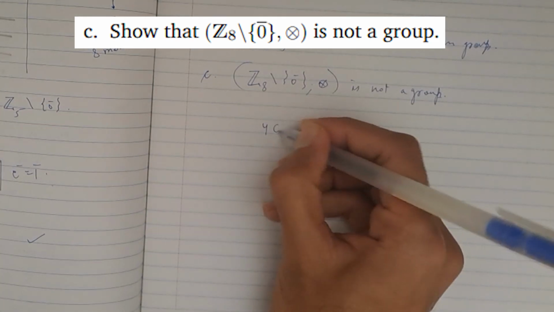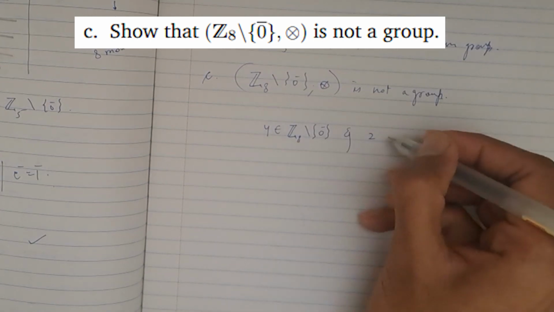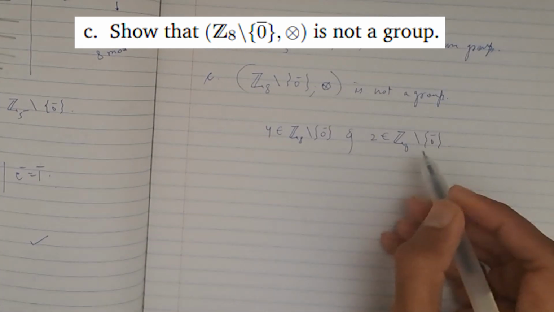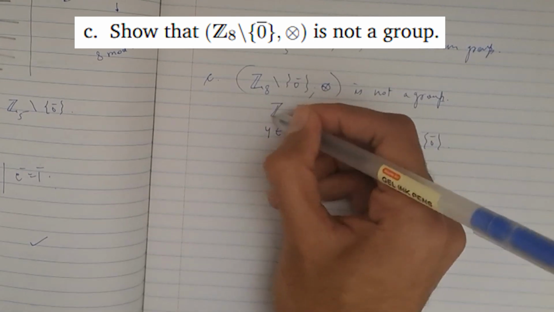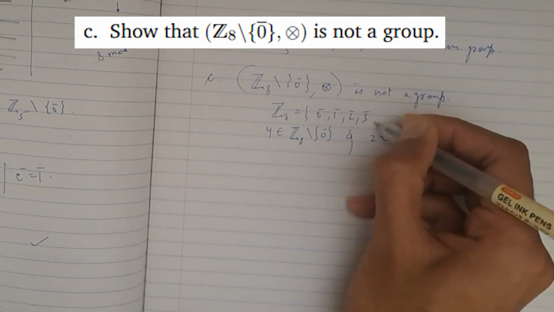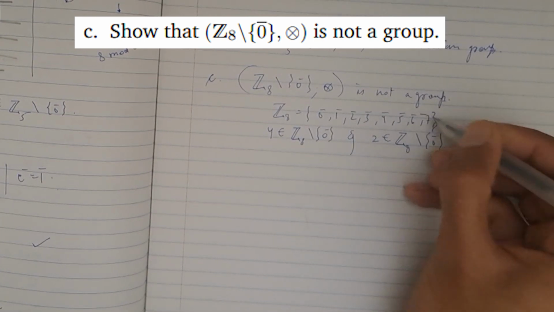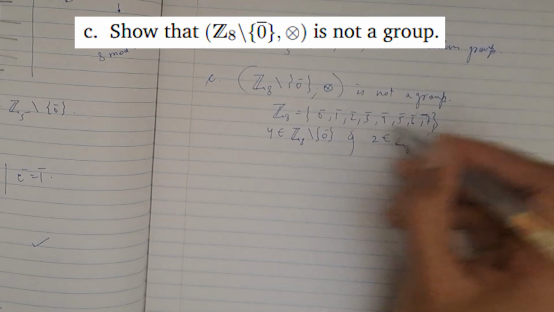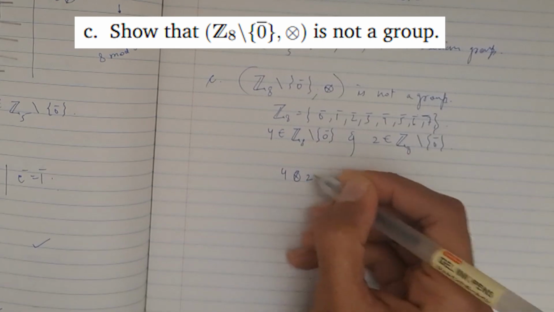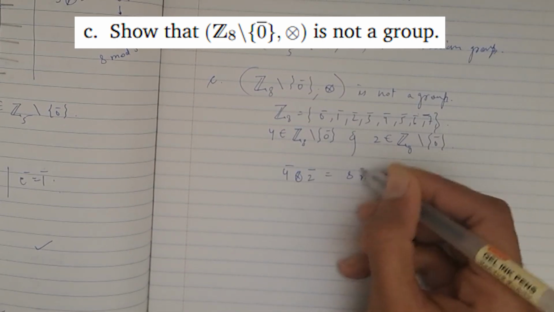So let's think of 4, which is clearly an element of Z8, and 2, which is also an element of Z8, excluding 0. Remember, Z8 is the set 0, 1, 2, 3, 4, 5, 6, 7, where these are the congruence classes. And remember, if we go 4 times 2, that gives you 8 mod 8.